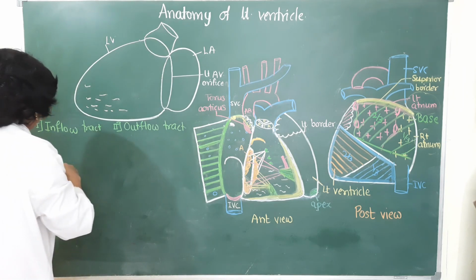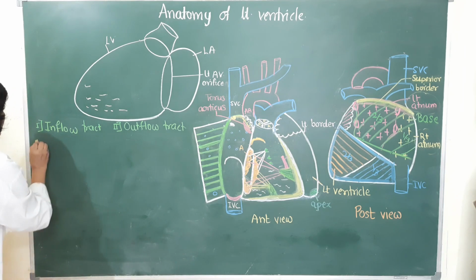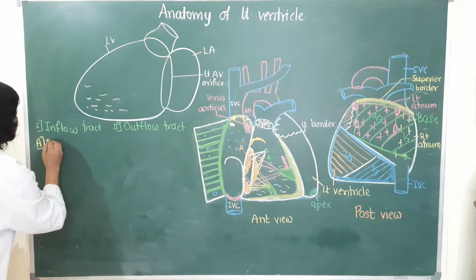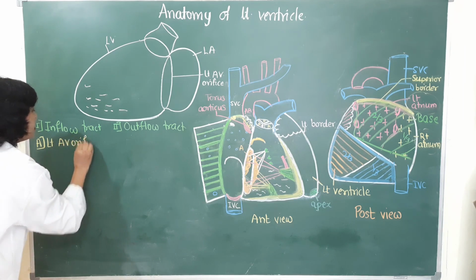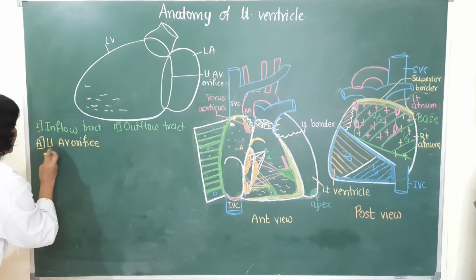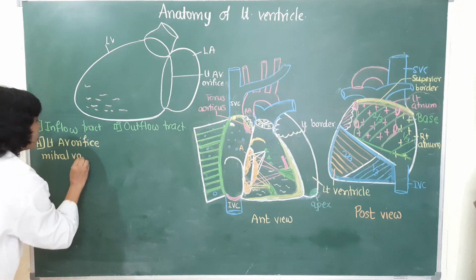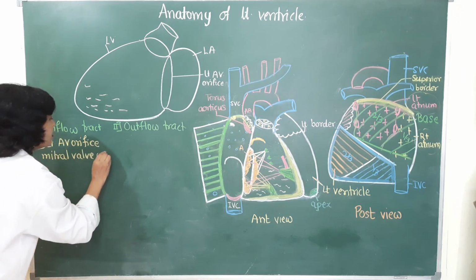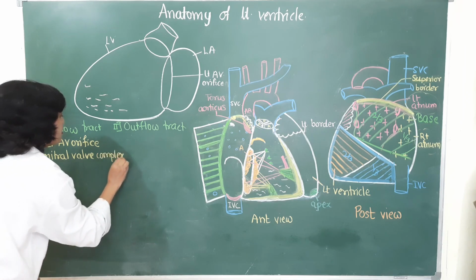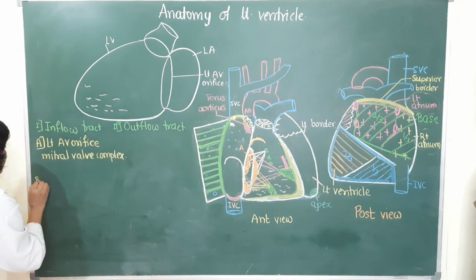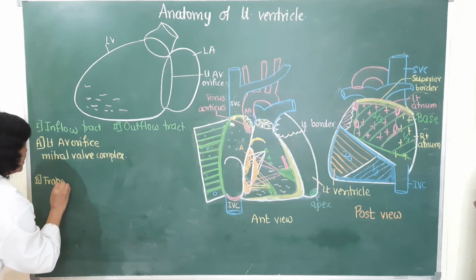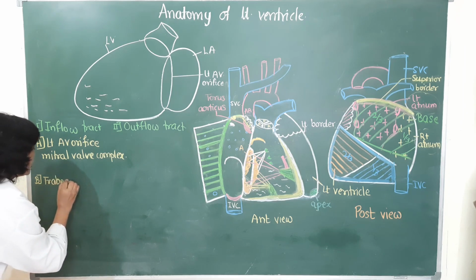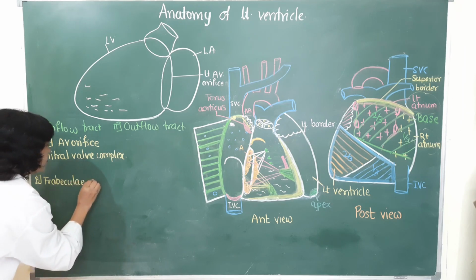The inflow tract is divided into two parts: left atrioventricular orifice and mitral wall complex. Along with that, we will discuss this inflow tract as trabeculae carneae.